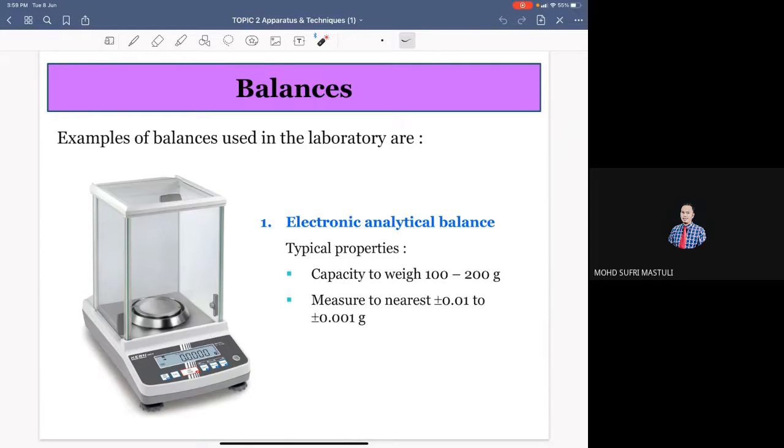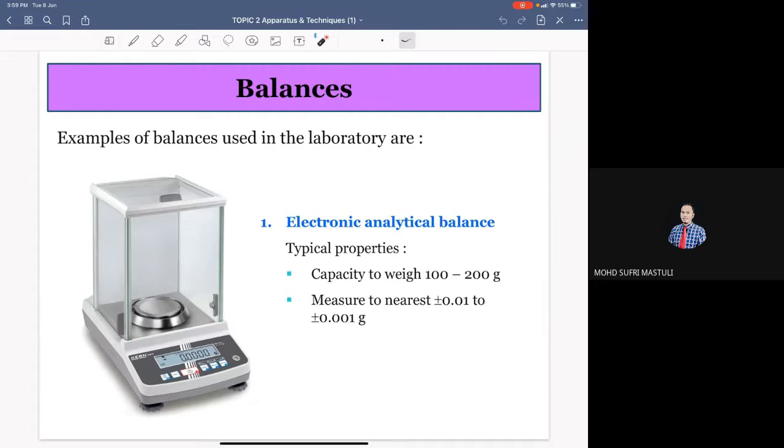Normally in the lab, we will use a balance to measure the mass or the weight of substance or chemicals that we use during the experiment. There are a few examples of balance normally found in the laboratory. First, electronic analytical balance.